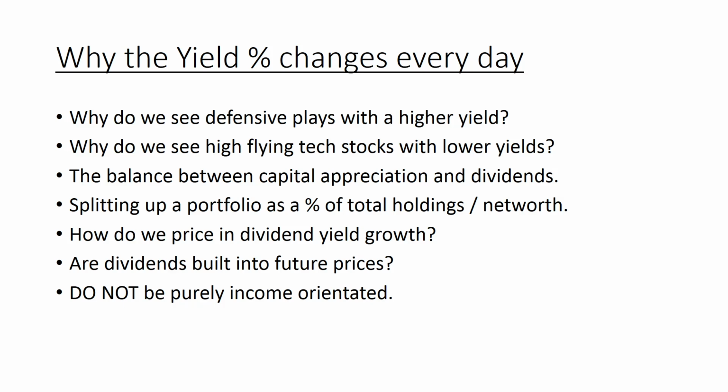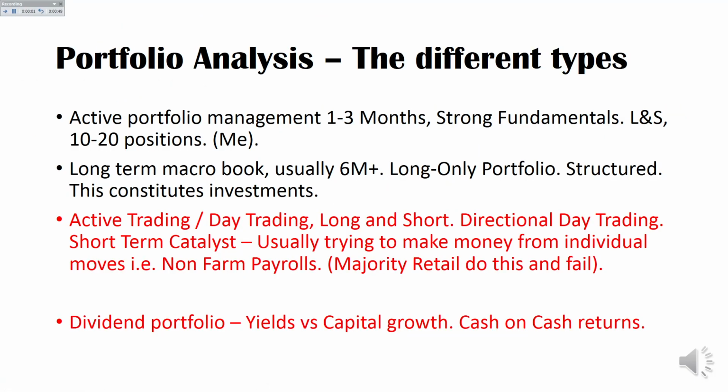Some are purely income orientated and they are content with this strategy. Obviously they're not maximizing their cash, their income, their capital gains. So you have to keep that in mind. And some are looking at purely total returns, which obviously brings us into the different types of portfolios that we could be looking at. Okay, so that's really important.